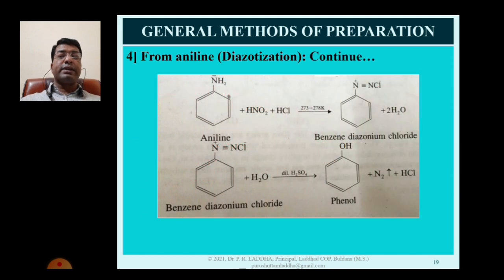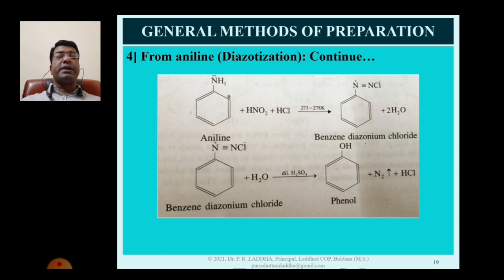So see the reaction in first step, aniline is treated with mixture of that nitrous acid and HCl. So that HNO2 is obtained from mixture of NaNO2 and HCl. That will give us this diazonium salt, that is N2+ Cl-.